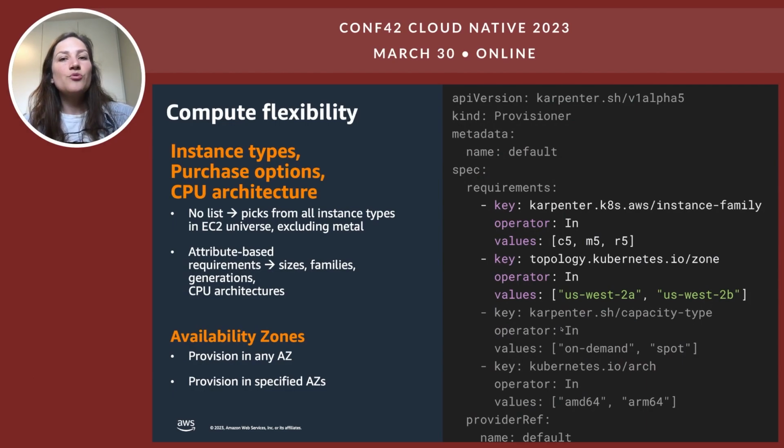Inside a single provisioner, the point is to be as flexible as possible with the resources that can be consumed by the containers, so that Karpenter will be the one that makes the intelligent choice of the right instance type to support the application needs. So what we see here is that we can use multiple instance types and multiple AZs inside a single provisioner, and I can have my deployment enforce topology spread between availability zones so that each replica is required to run in a different availability zone.